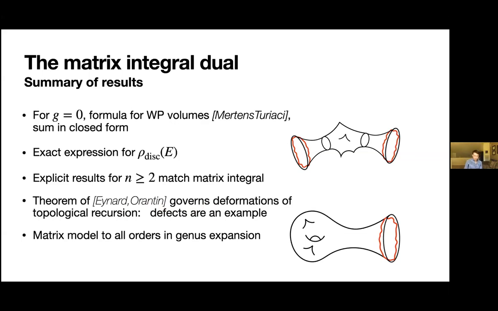We put up a new version of the paper that explains this in detail a week or so ago, so I'll refer you to that. So the conclusion is that with these defects, we get the same conclusion of Saad, Shenker and Stanford, and we have this duality between gravity and a matrix integral.